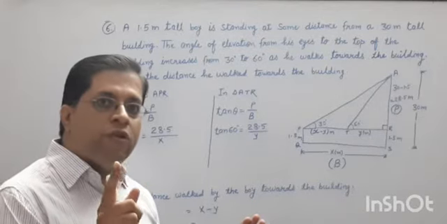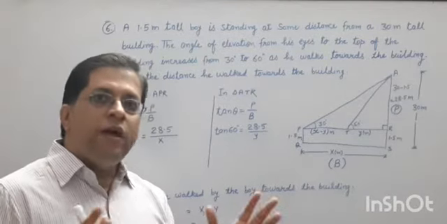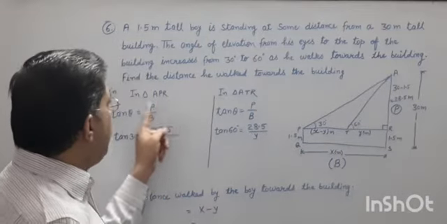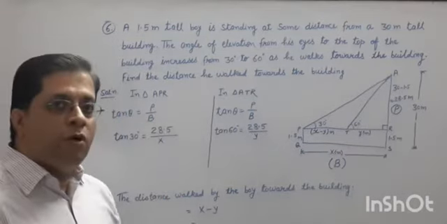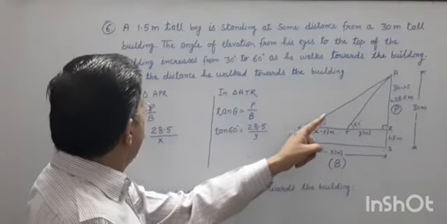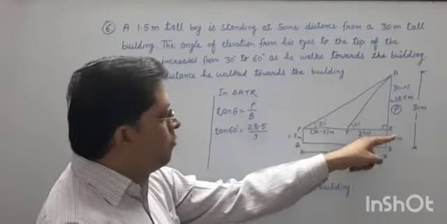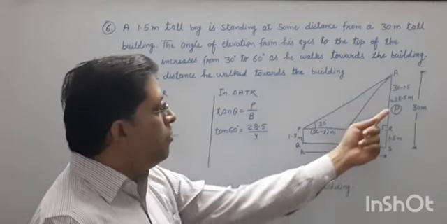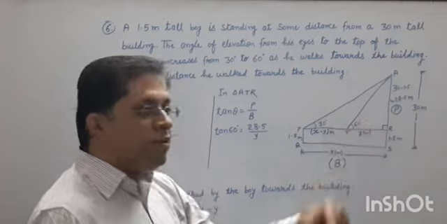The trigonometric ratio tan theta. Tan theta is equal to perpendicular upon base. This is in triangle TPR, tan theta is perpendicular upon base. APR perpendicular upon base. ATR again perpendicular upon base.